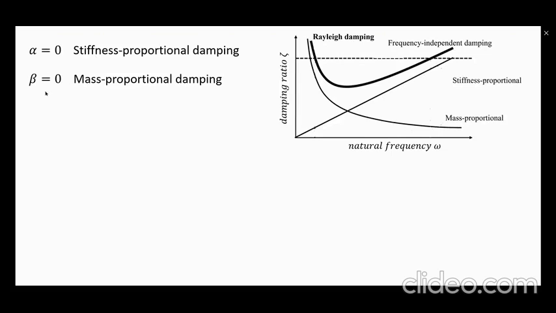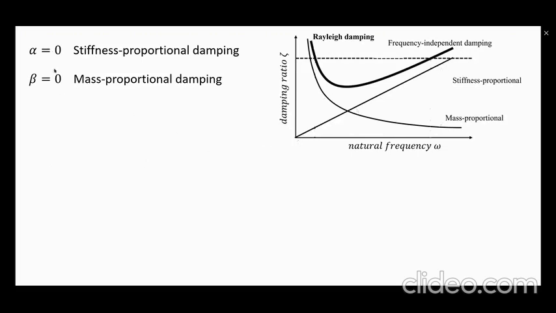That's why your damping matrix C is just alpha times M. That's why it's called mass proportional. And this corresponds to the case where alpha is 0. So if alpha is 0, your damping matrix is just going to be beta times K. That's what is called stiffness proportional damping.